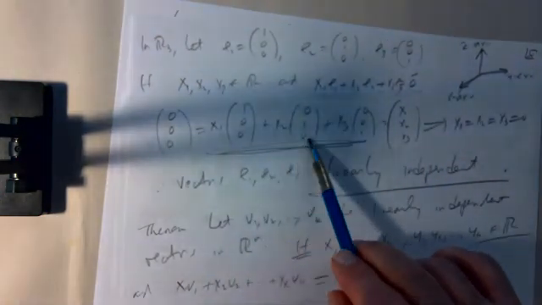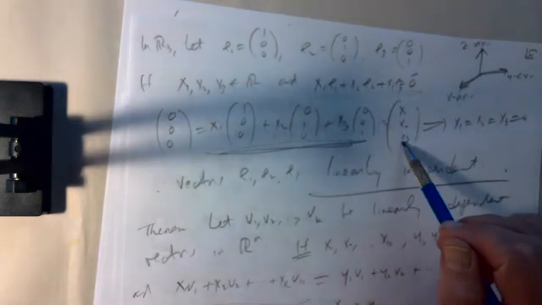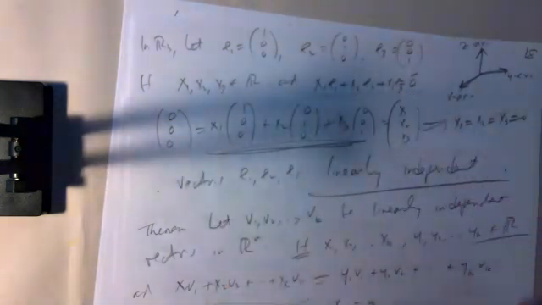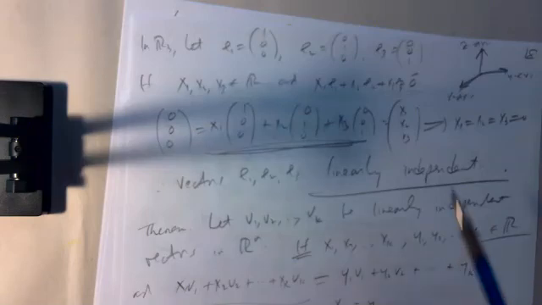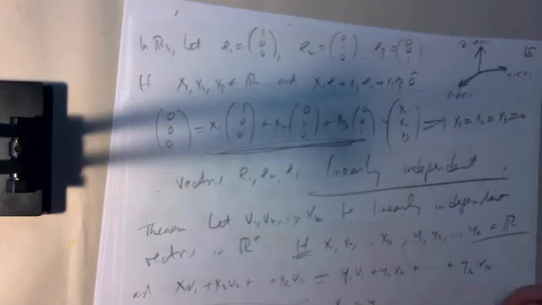When you expand and add this all up, this is the vector x1, x2, x3. And if that's equal to 0, 0, 0, then all of these numbers are 0. So that means the only linear combination that gives the 0 vector occurs when every one of the scalars is 0. Obviously, it would have to be 0.